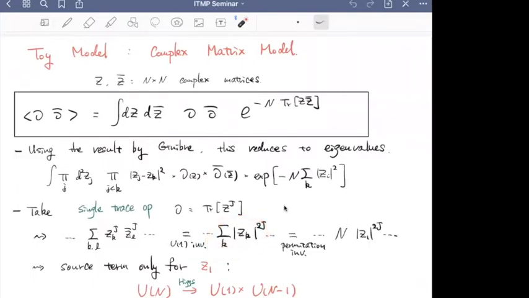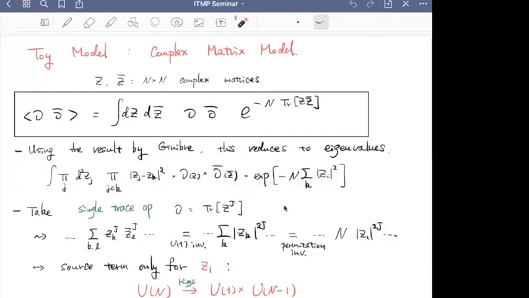Furthermore, if you look at the other factors, you can see that they are completely invariant under the permutation of the indices j and k, which means that I can just replace this insertion of Z_k to the 2J by Z_1 to the 2J and just multiply by a factor of N. And if you take the charge J to be very large, then this acts as a source when you determine the saddle point equation for these matrix eigenvalues.